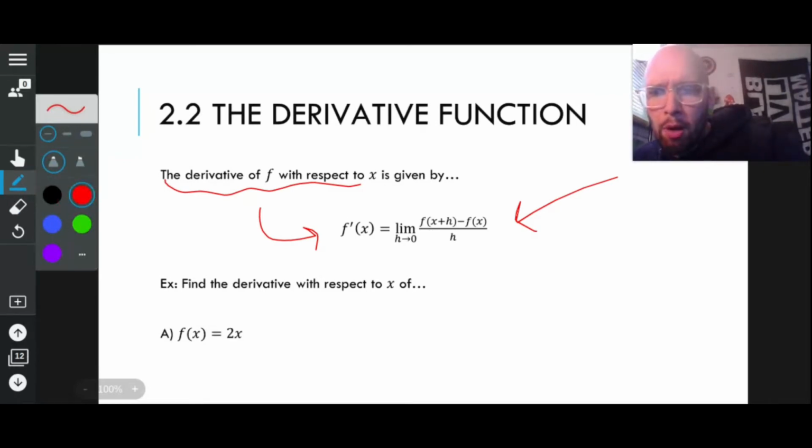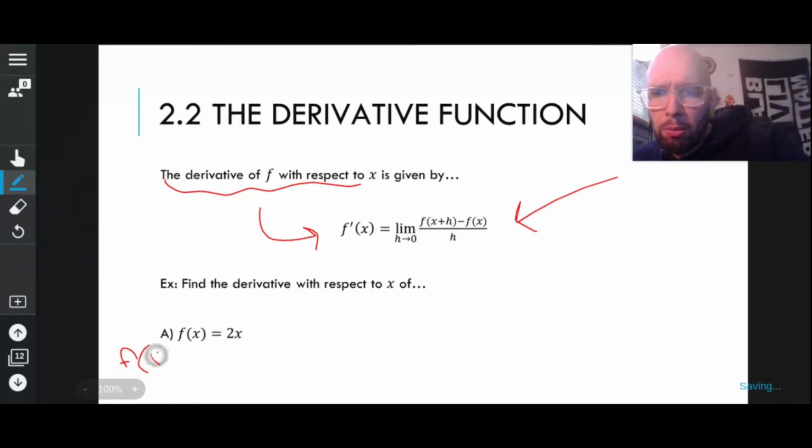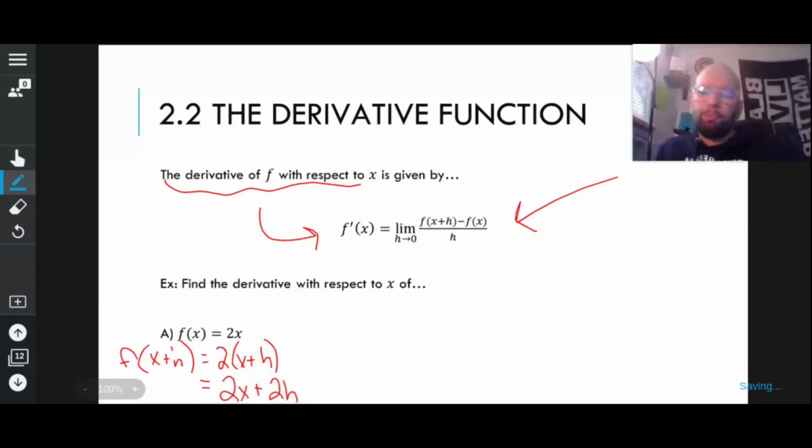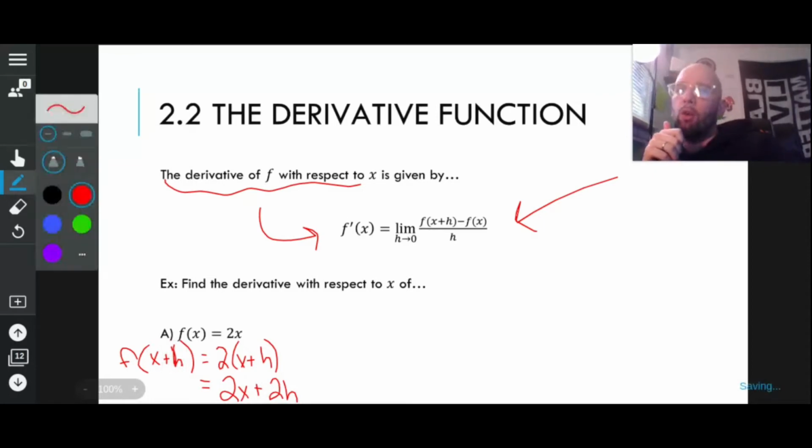F of x plus h is going to be the same as 2 times x plus h, which is the same as 2x plus 2h. And it's supposed to be an h there. Let me see if I can make that look okay. That looks okay. Very difficult writing on these touch screens.